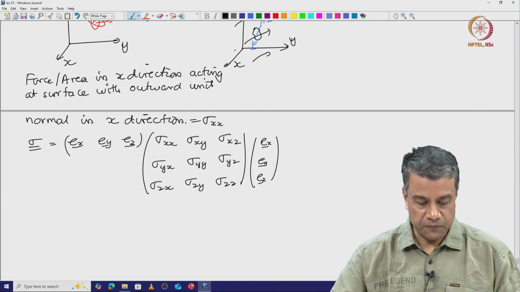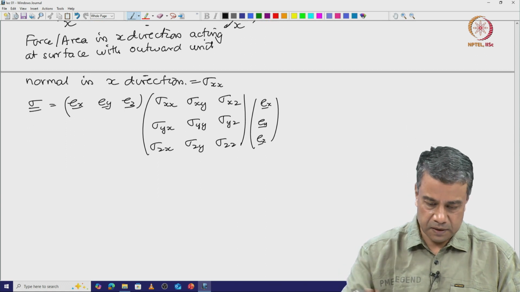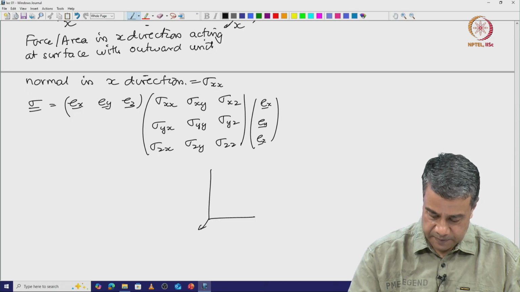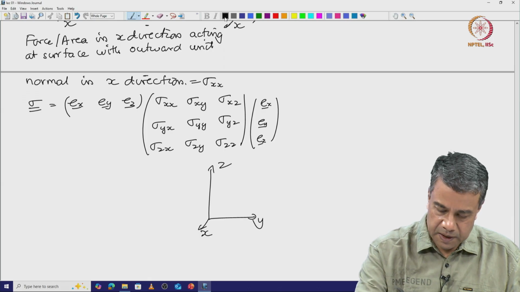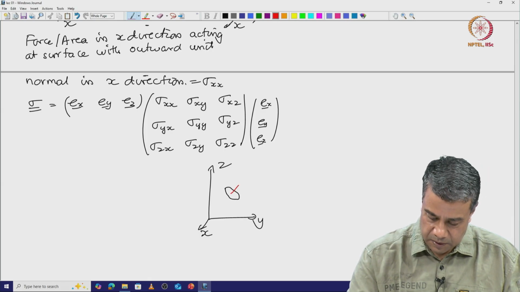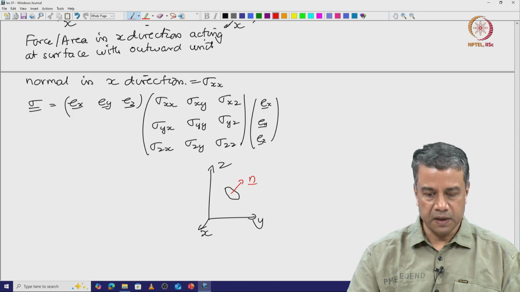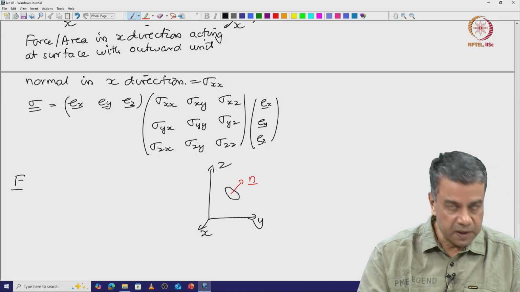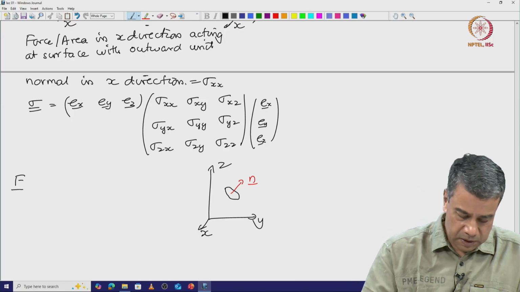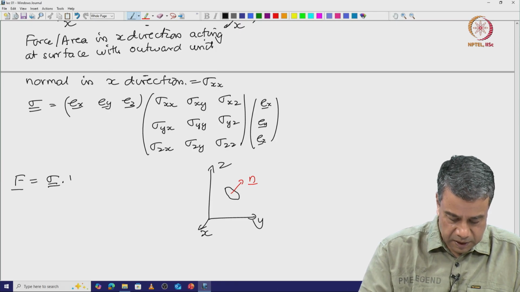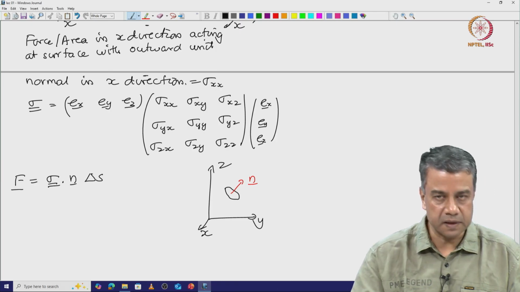The force that is exerted on a surface depends upon the orientation of the surface or the unit normal to the surface. The force exerted at a surface is going to be equal to this sigma dot n times the surface area itself.